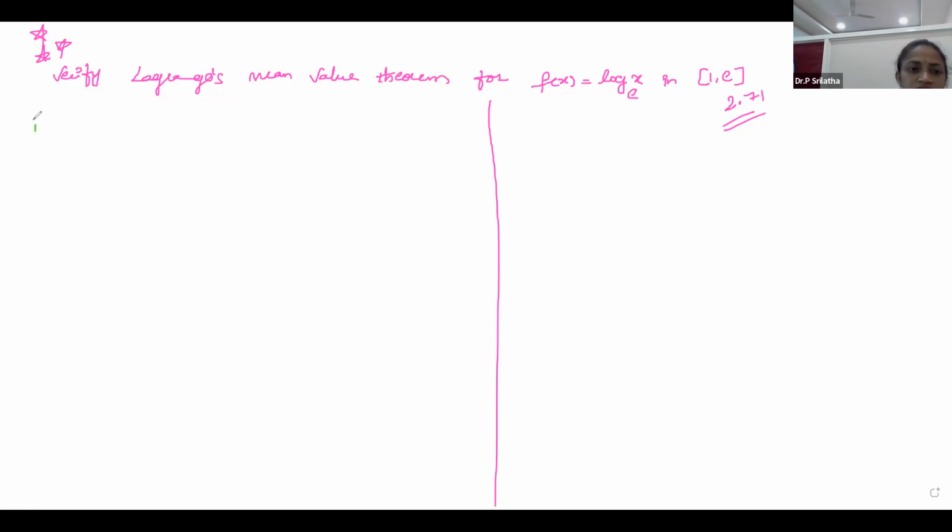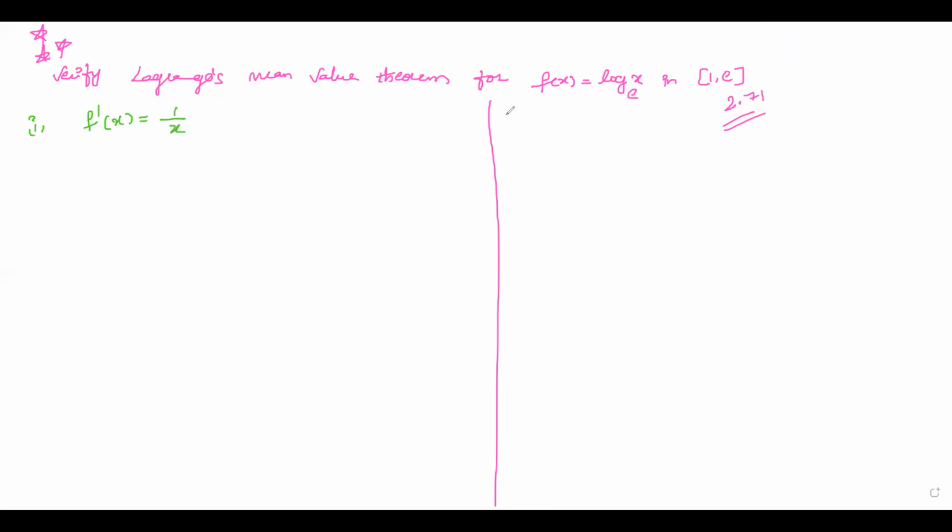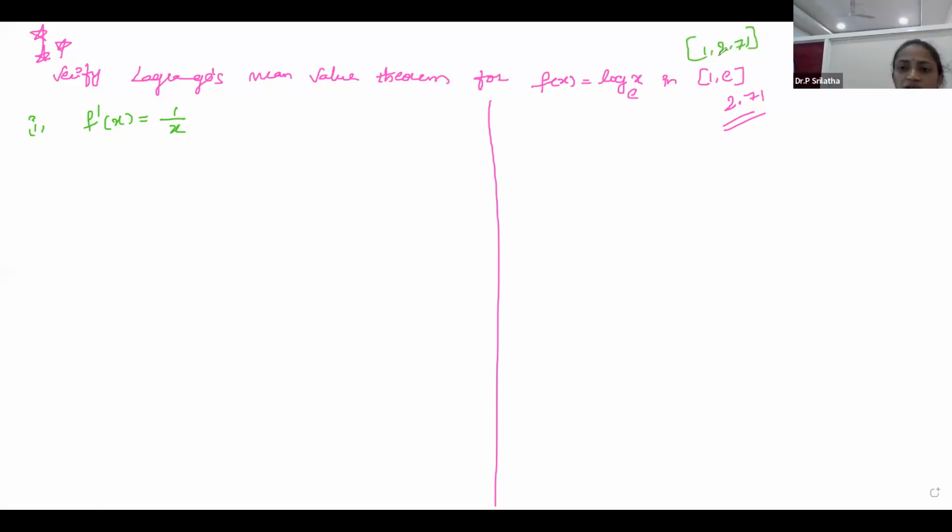First, what do we have to check? Here we have to check whether it is differentiable or not. So f'(x), the differentiation of log x, is 1/x. Here the limits are 1 and 2.71. In between we don't have 0, right? So f'(x) is not equal to infinity.